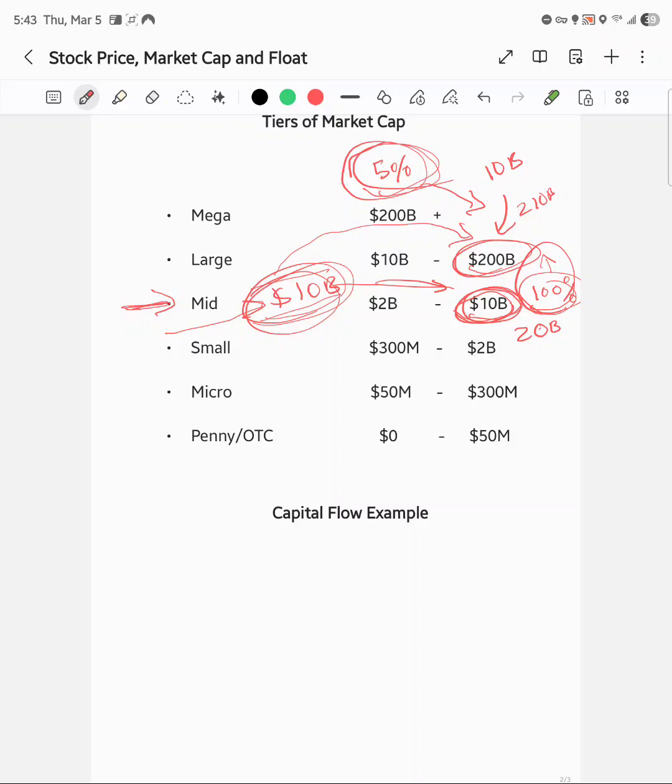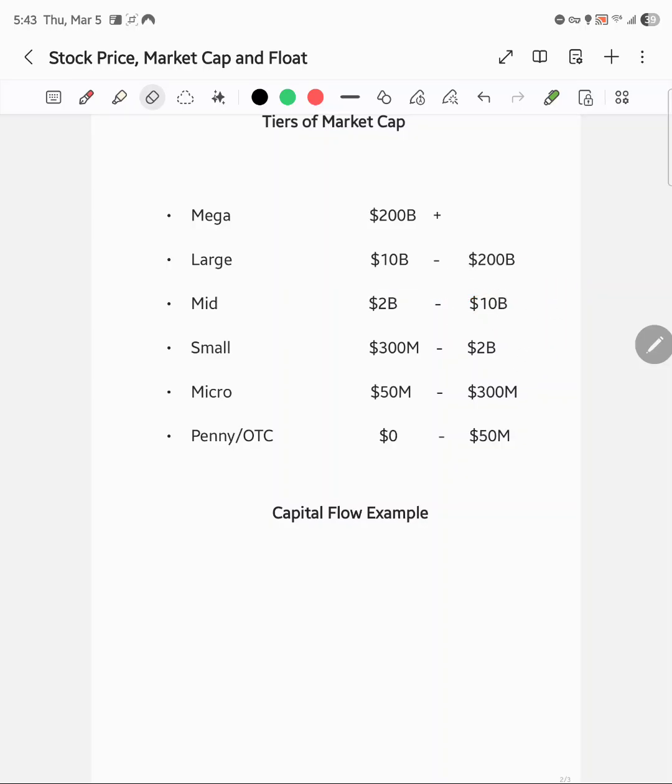Some people think that if the stock price of a $200 billion company is like $10, and the stock price of a $2 billion company is $100, oh, if I buy a $10 stock, it has more room to go up because this one looks more expensive.